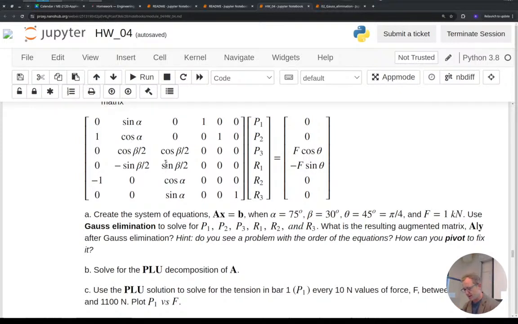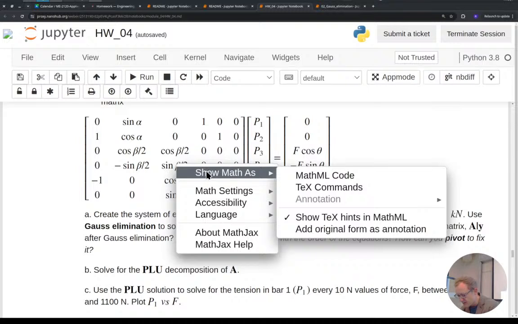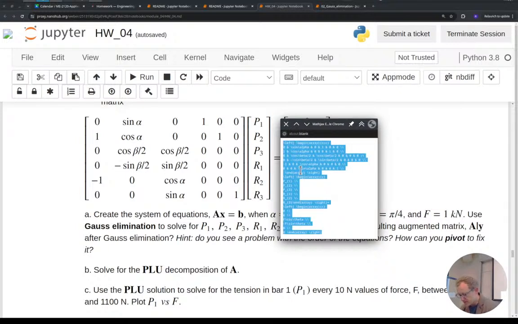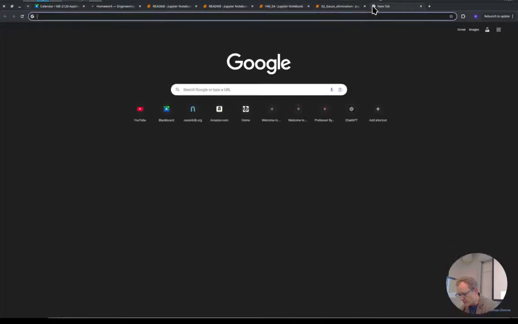So it can be cumbersome to translate that over into NumPy. Sometimes as you're trying to do it, you might switch a cosine for a sine. But you can right click. MathML is going to be an HTML version of that matrix. The TeX commands would be the actual LaTeX setup for those equations. But either of those are easy for machine reading.